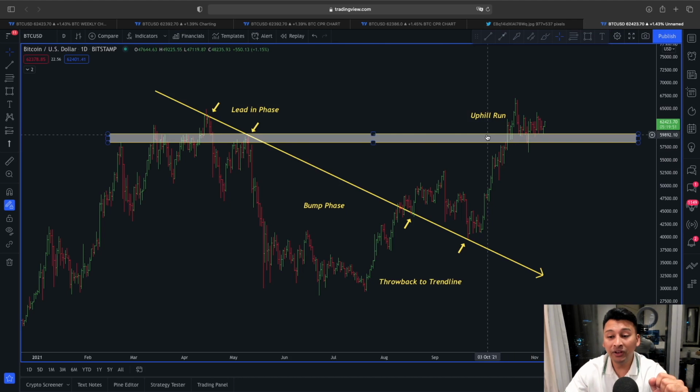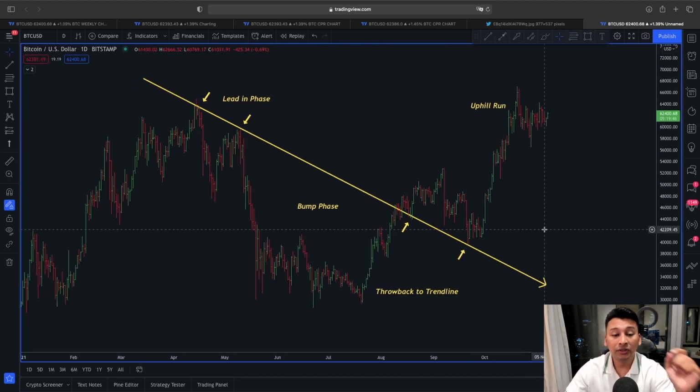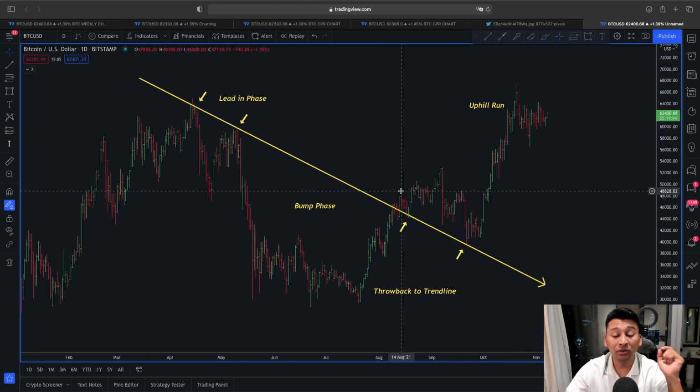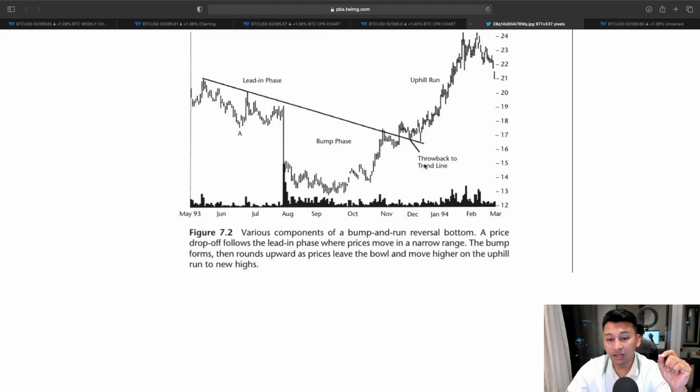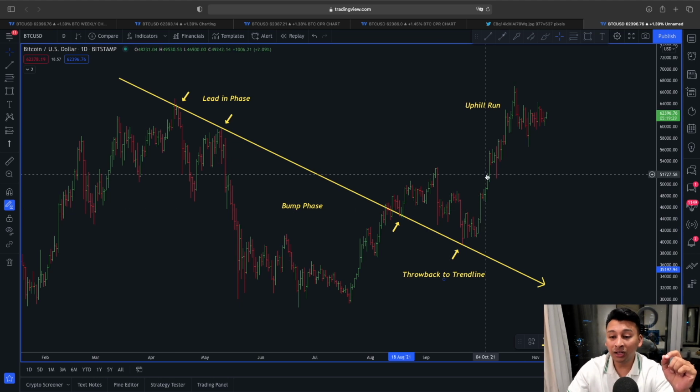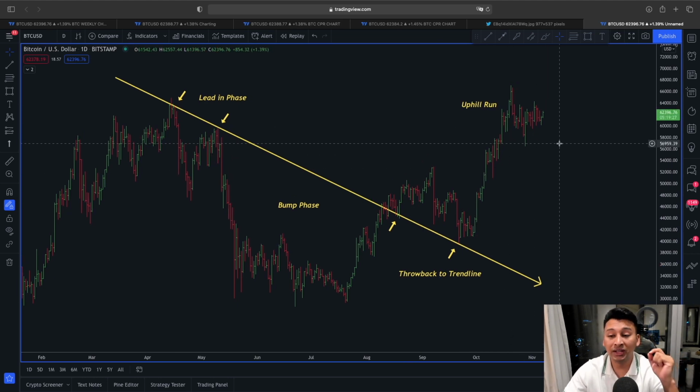And now if we look in our case, guys, you can see this bump and run reversal scenario is playing out perfectly, guys, because once we were able to break out of this resistance line, right, we also got thrown back here just like as shown in an example. And after we found support at this falling trend line, we started this new move here to the upper direction, and this new move is this uphill run.